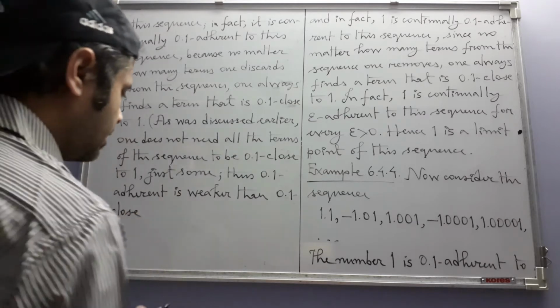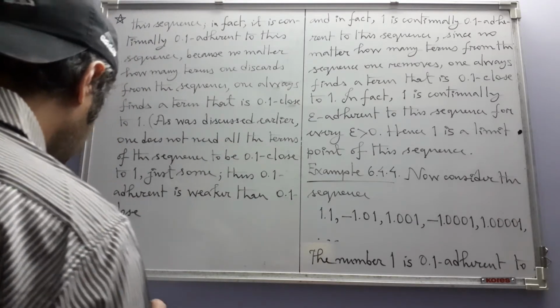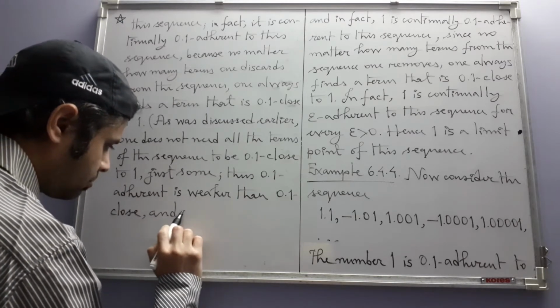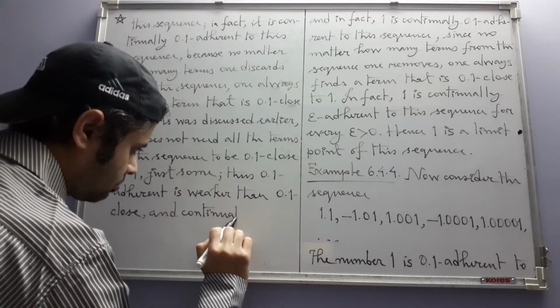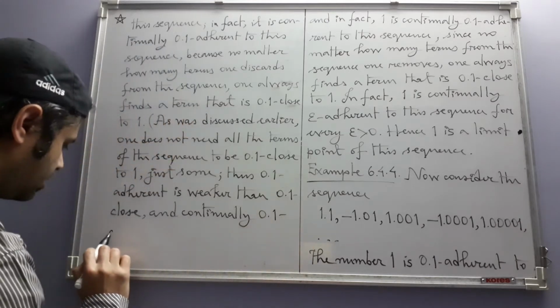So it is weaker, it demands much less than 0.1 close, and continually 0.1 adherent.